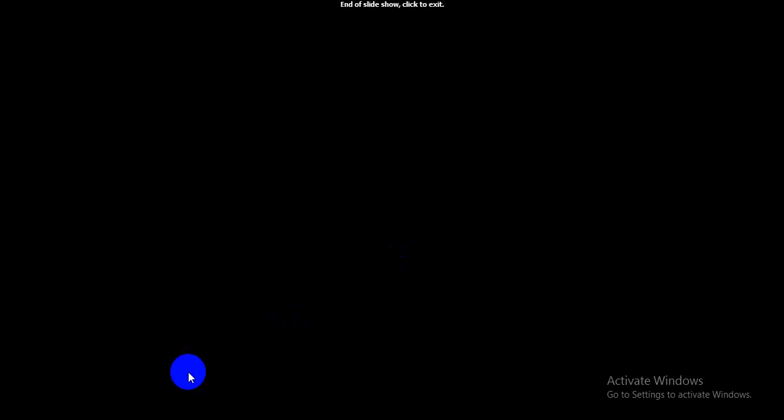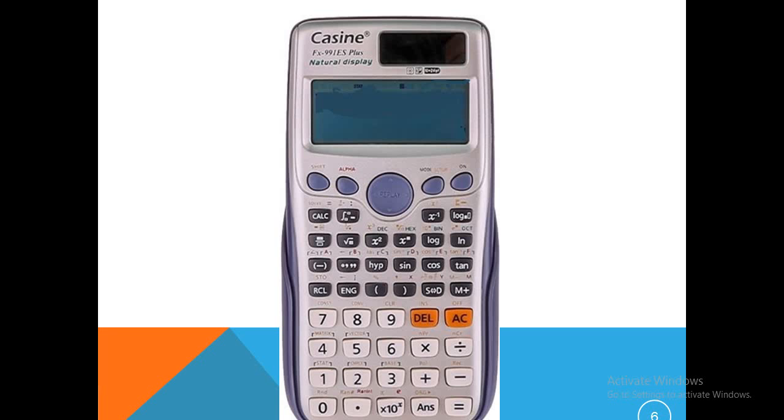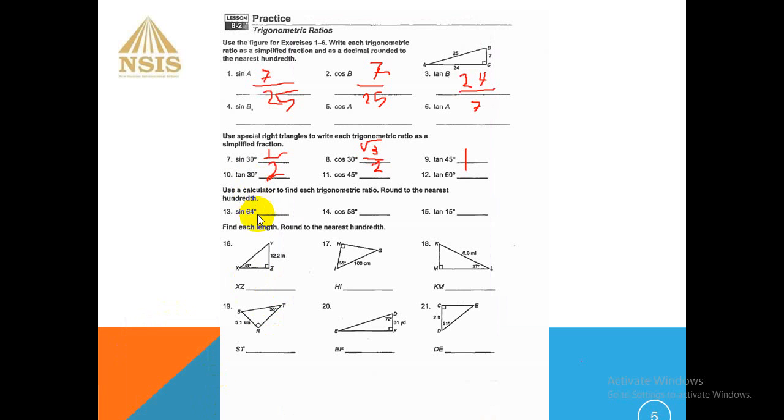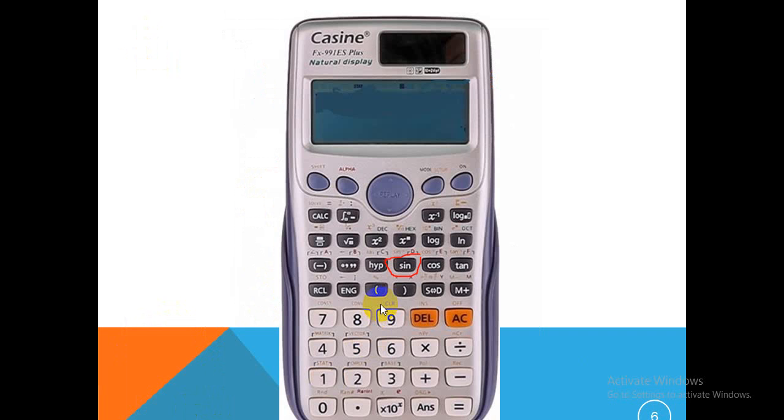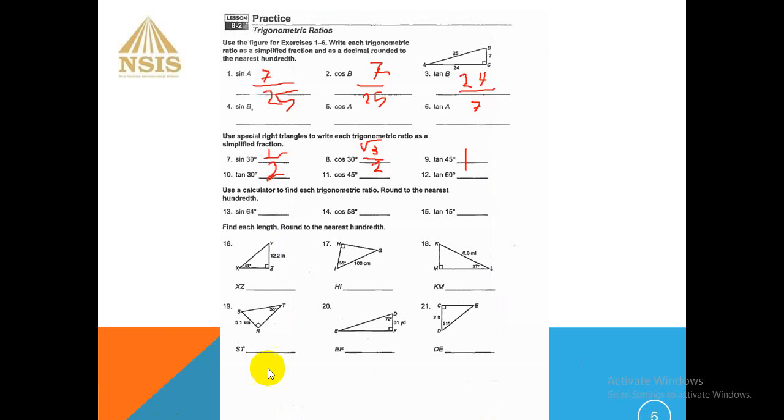You're going to press the sine button, and the angle is 64. So sine 64 and press equal. So you will have it. It's so easy.